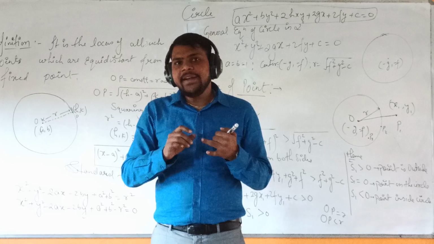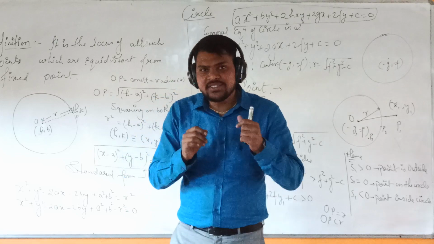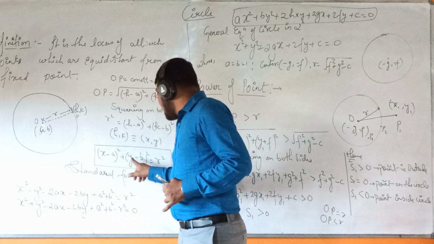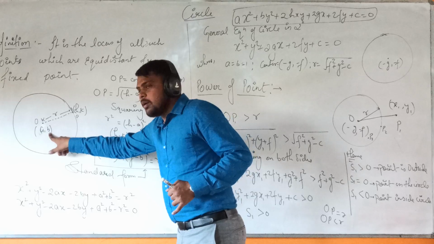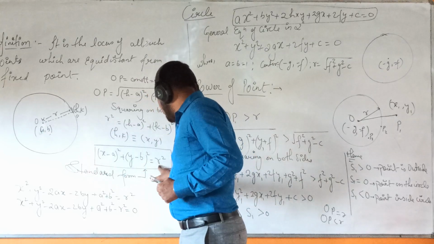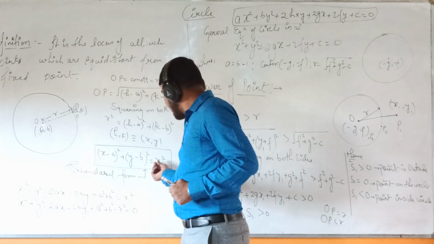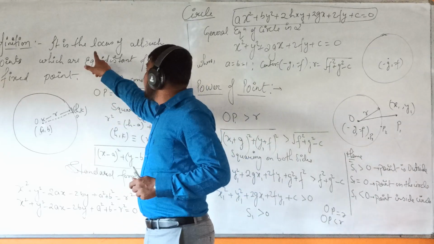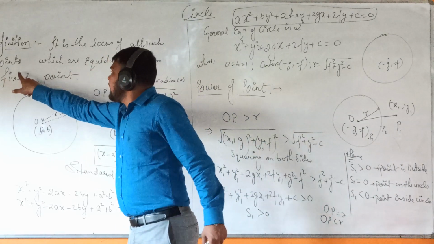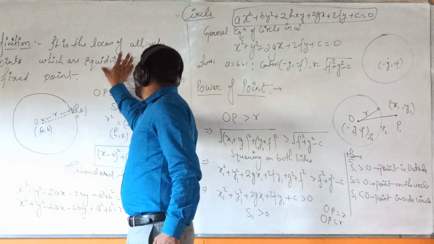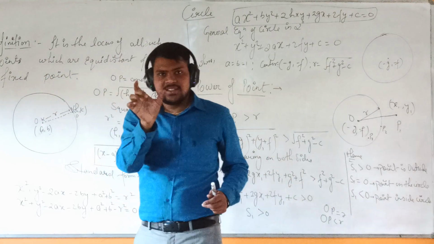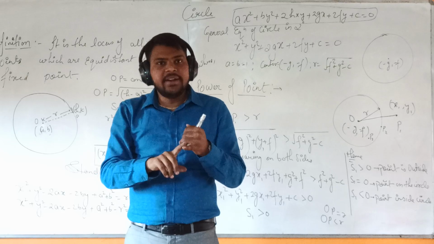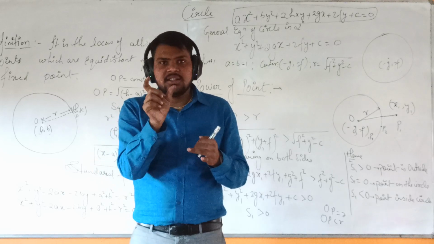First of all, to write any equation of a circle, the first thing we require is the center, A comma B. And second, what you can see from here is the radius R. As per the definition also, we want the fixed point and the distance.